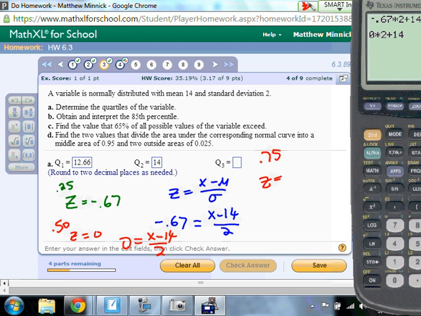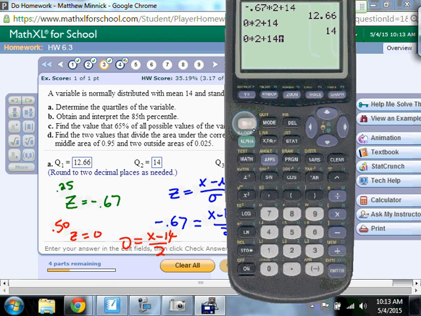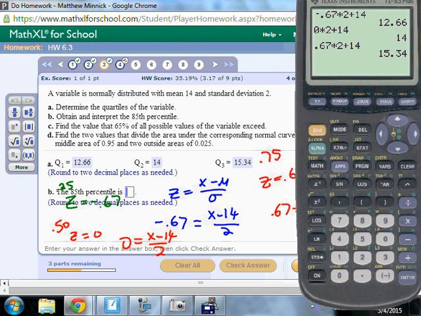And it's actually 0.67. So here I'm going to have 0.67 equals x minus 14 over 2. So again, it'll be just like that one a few minutes ago, just with a positive 0.67 instead of a negative 0.67. So here I should get 15.34. And there we go. Okay.